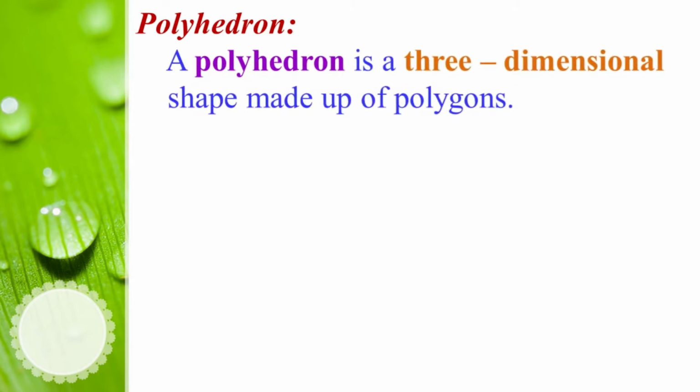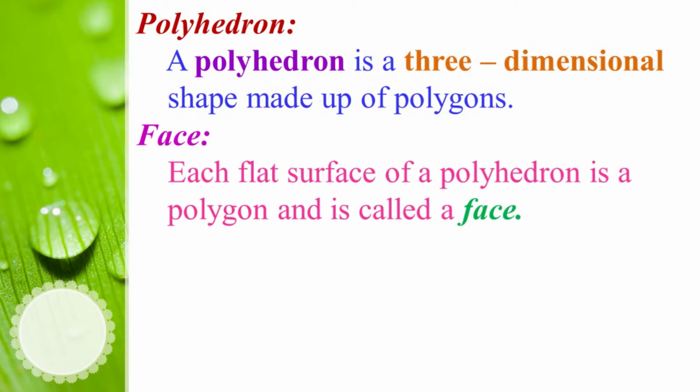Polyhedrons. A polyhedron is a three-dimensional shape made up of polygons. You must know the difference between polyhedron and polygon. Polyhedron is a three-dimensional shape, but polygon is a two-dimensional shape. Let us see the face of a polyhedron. Each flat surface of a polyhedron is a polygon and is called a face.